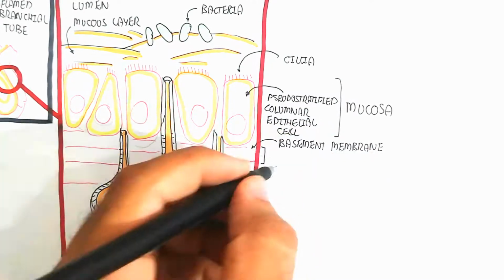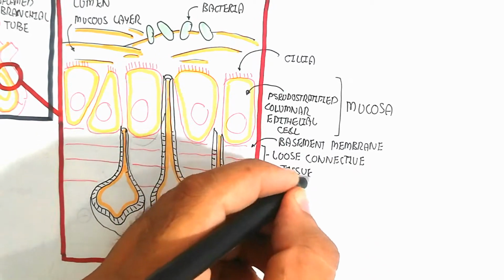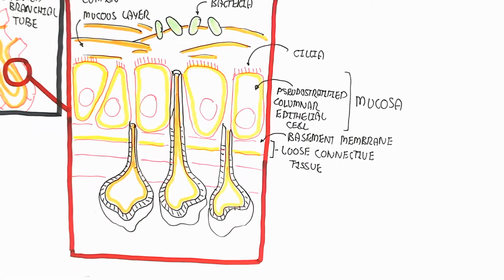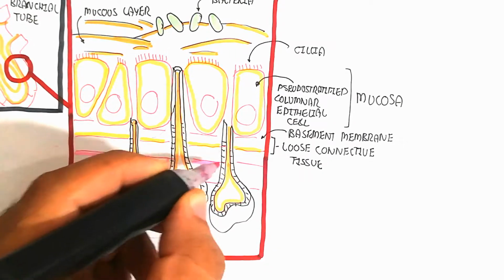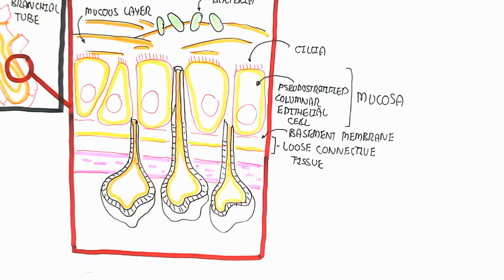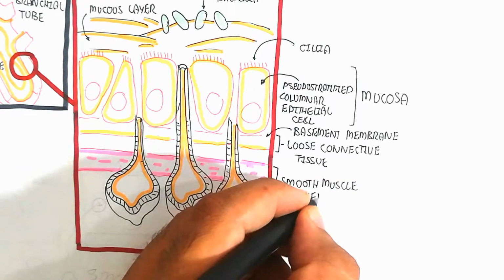It contains a basement membrane and loose connective tissue. Then there is the smooth muscle layer, which is used for constriction, the vasoconstriction of the bronchiole, and the submucosa. The red color is showing the smooth muscle layer.